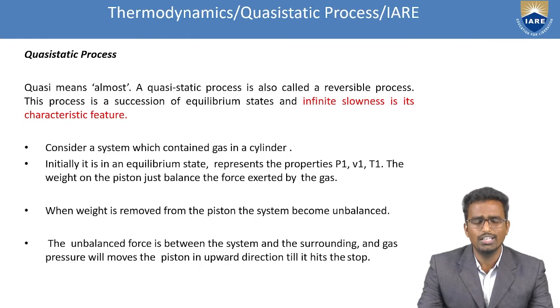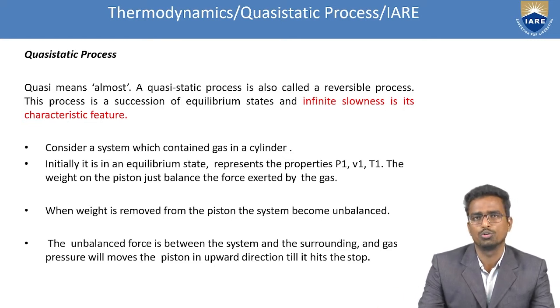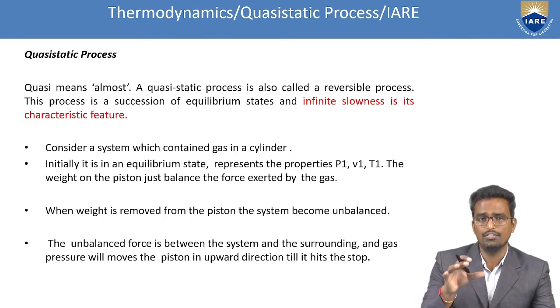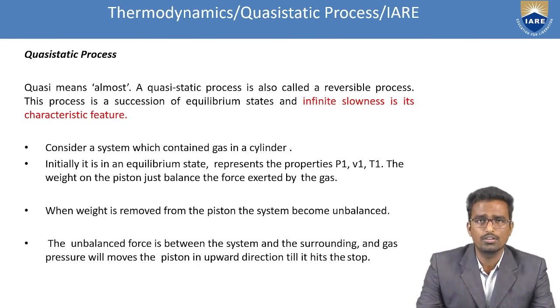We can also say it is a slow process. If a system undergoes a very slow, almost slow process, then we can use the quasi-static process. Quasi means almost, but a quasi-static process is an infinitesimally slow process.